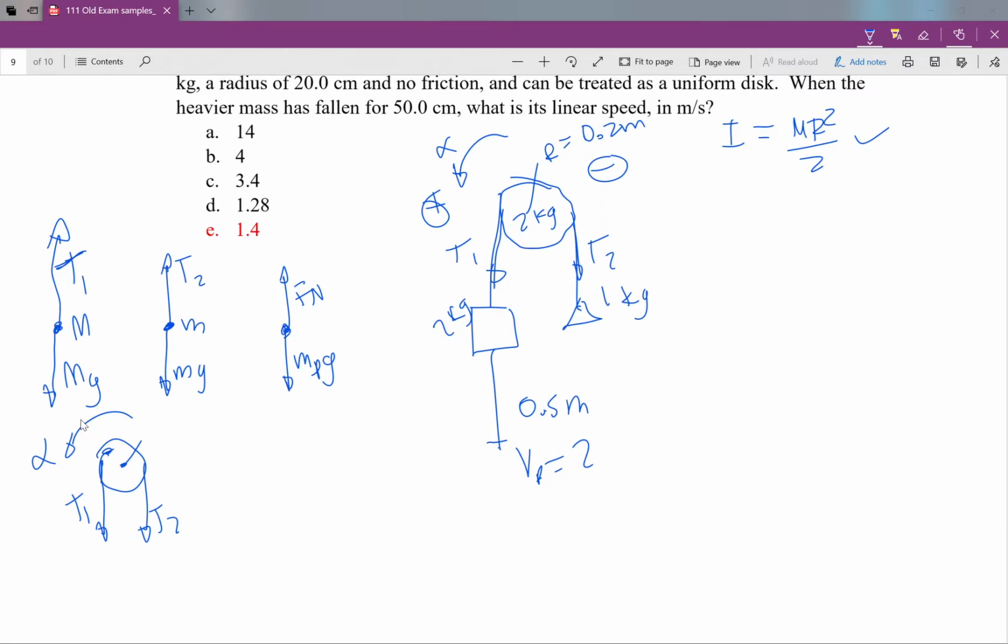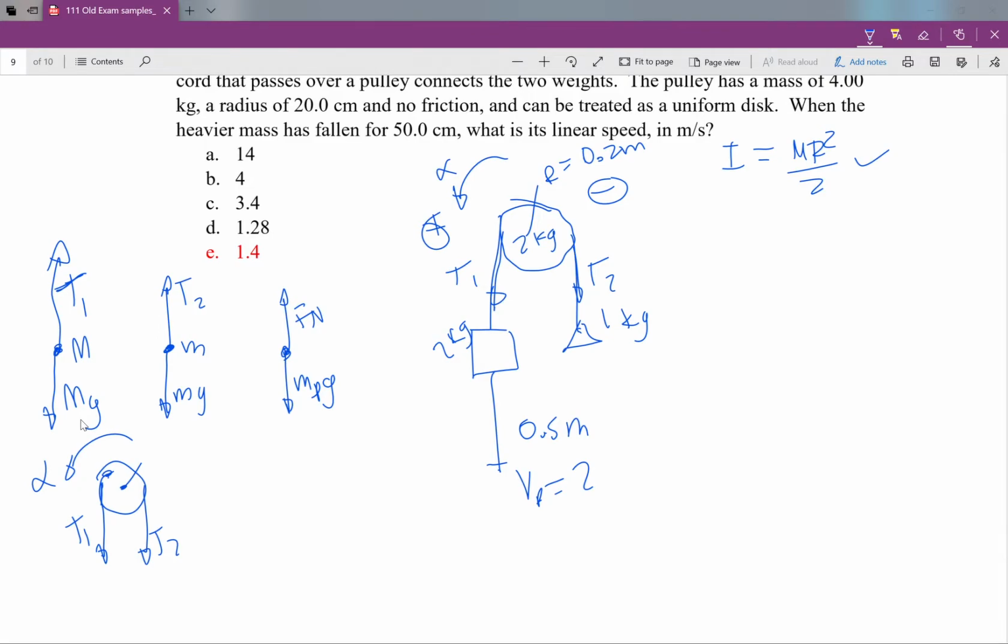Now, let's use Newton's second law. The sum of the forces equals mass times acceleration to describe all of these free body diagrams in equations. So the sum of the forces for the big mass will be equal to big mg minus T1, which equals big M times the linear acceleration, which we don't know just yet.